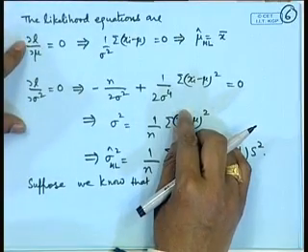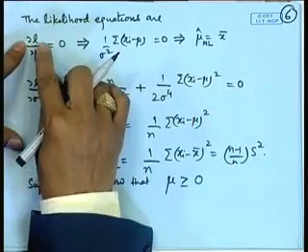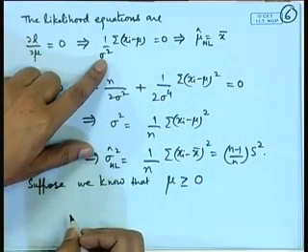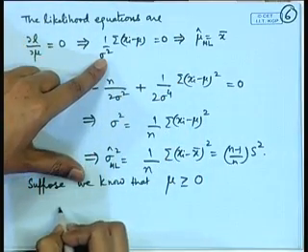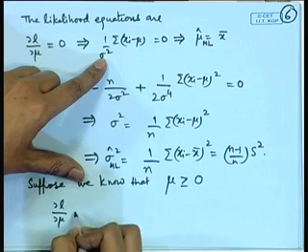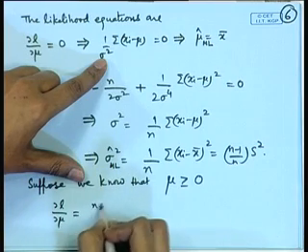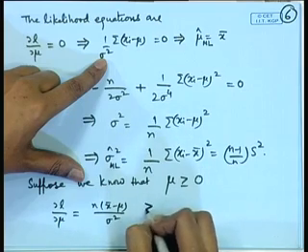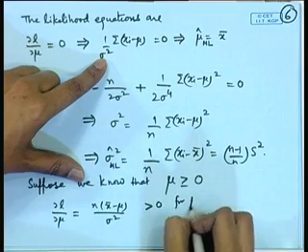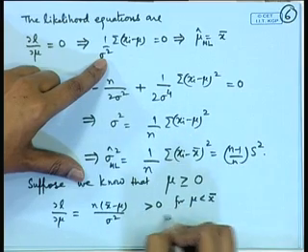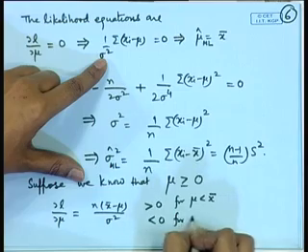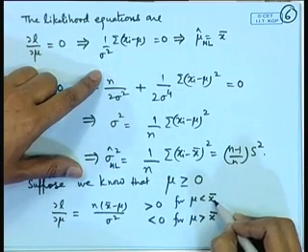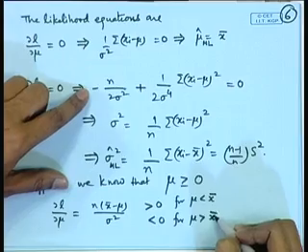With respect to mu, del L by del mu is n times x bar minus mu by sigma square. So, you can see that it is greater than 0 for mu less than x bar, and it is less than 0 for mu greater than x bar.